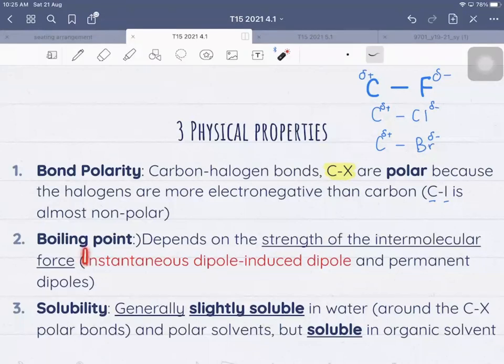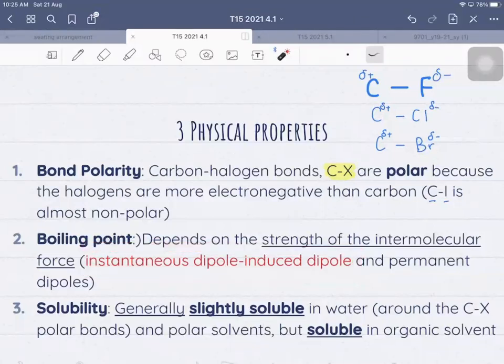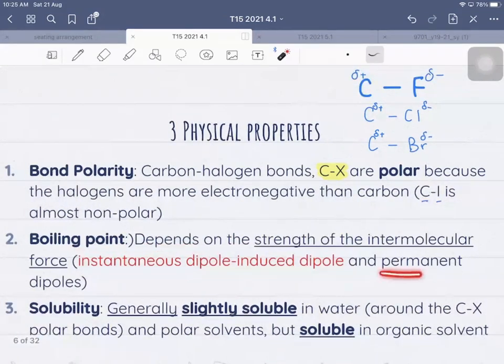Can you please change that? Instead of calling it van der Waals forces, which is not wrong, but it's not something that we use in our syllabus, change it to ID force. And of course, because there is a polar bond in your halogenoalkanes, there is an additional intermolecular force, which is your permanent dipole.